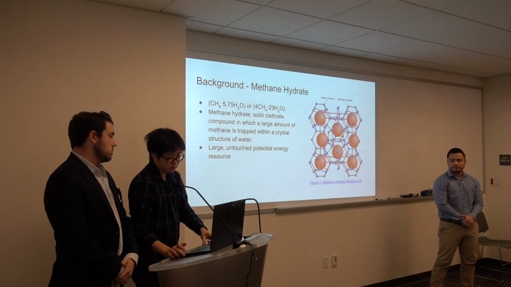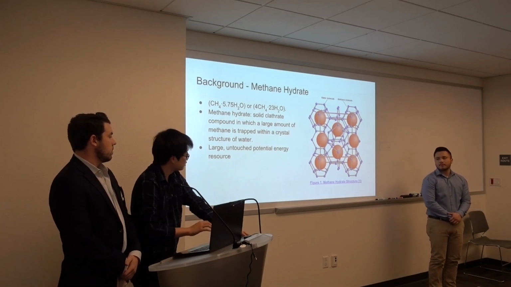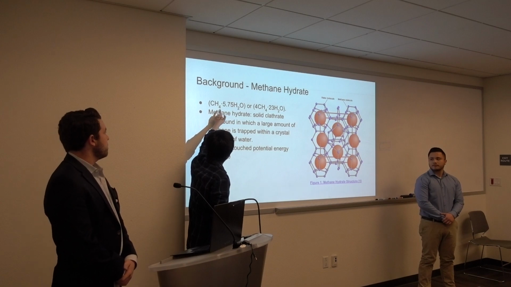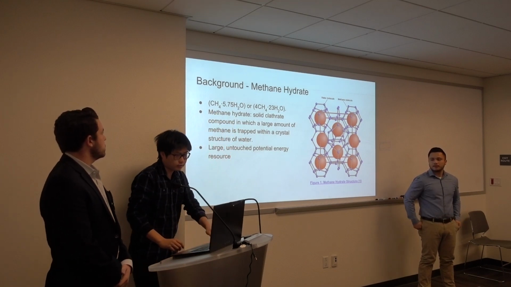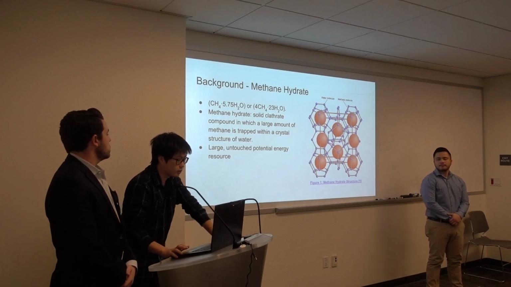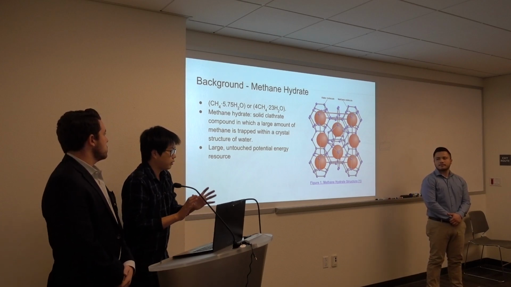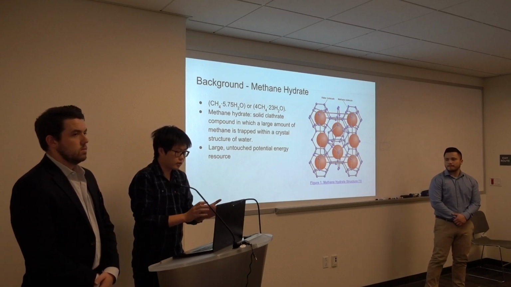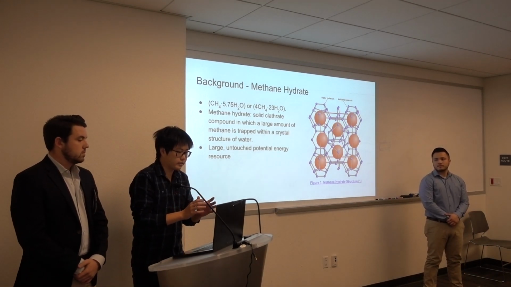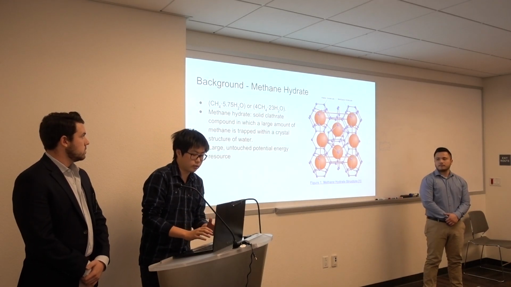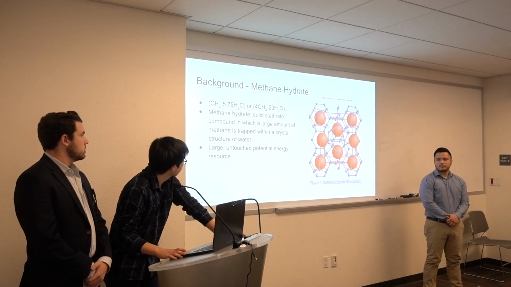Okay, so first I will introduce the background. First is the chemical formula of methane hydrate, CH4 plus 5.75 H2O. As we know, CH4 is the one we need. This formula shows that methane hydrate is solid phase CH4 trapped in the crystal structure of water.